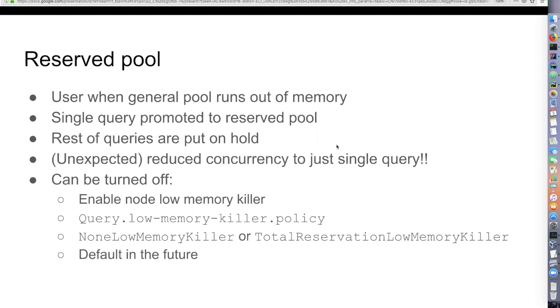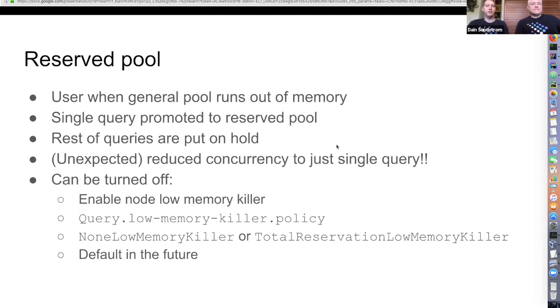But maybe Dane, you can comment on that more. I actually don't remember the name, but it's total reservation. It picks the query to kill that will free up the most memory on the nodes that are blocked.